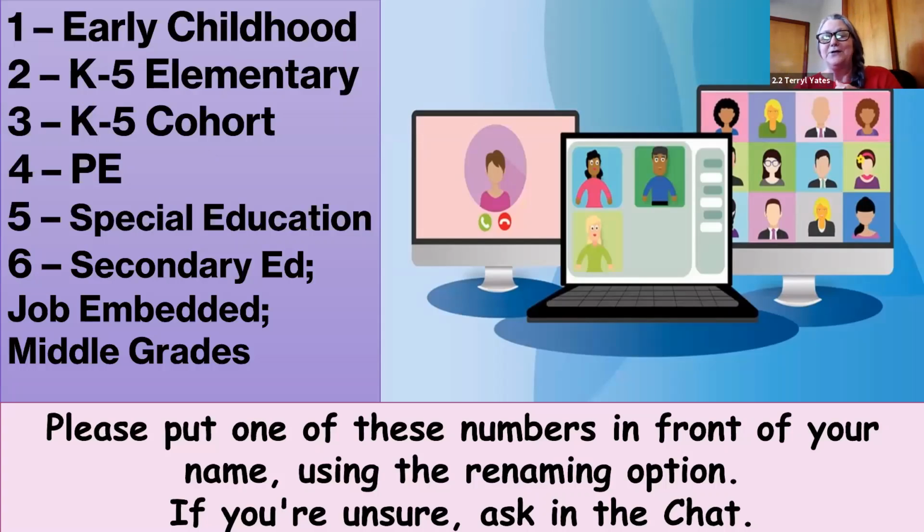If you don't know where you belong, that's okay. You can put in the chat box the school you teach at, and that'll be a clue. Somebody will be able to help you know which number to put down. And if that doesn't work, when it comes time for breakout rooms, we'll ask you and get you to the right place. No worries.